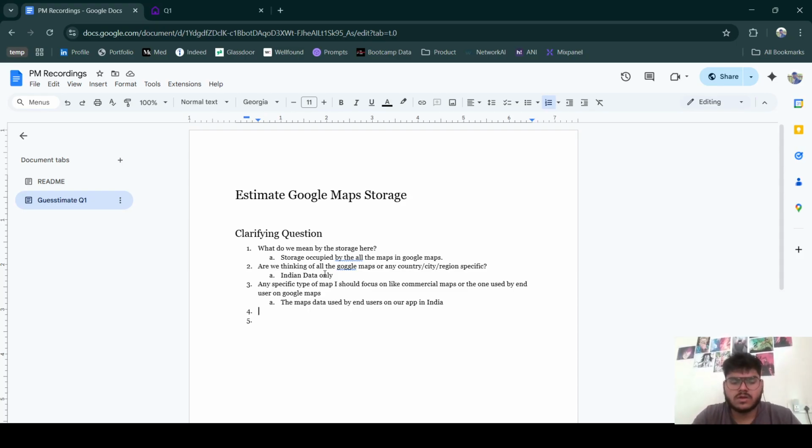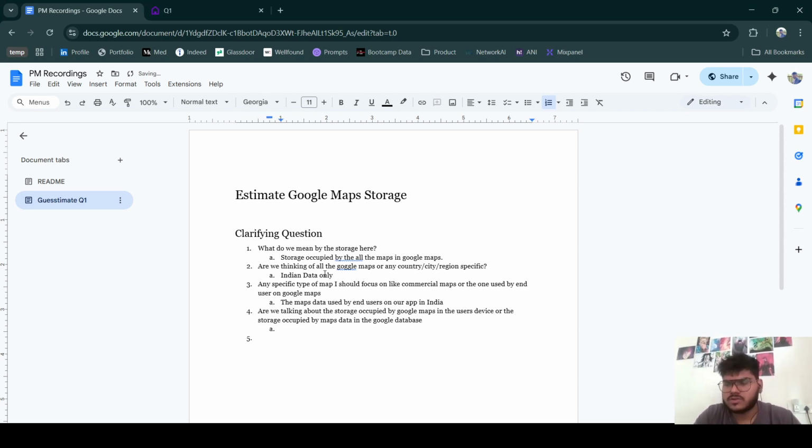Also I want to clarify: are we talking about the storage occupied by Google Maps on the user's device, or the storage occupied by the maps data in Google's database?